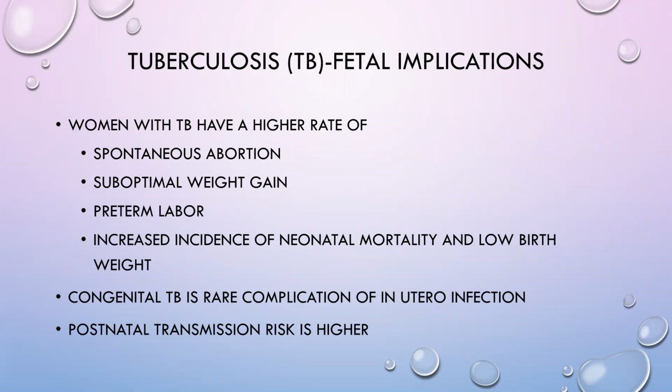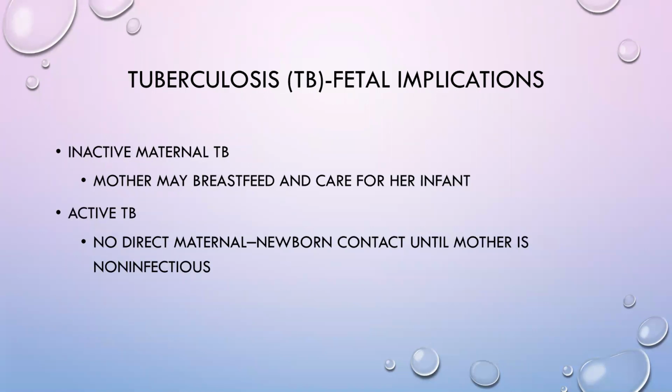TB complications include spontaneous abortion, suboptimal weight gain, preterm labor, and increased incidence of neonatal mortality and low birth weight. Risk for transmission to the fetus is higher postnatally. If the TB is inactive, mother may breastfeed and take care of her infant. If it is active, she cannot do either.